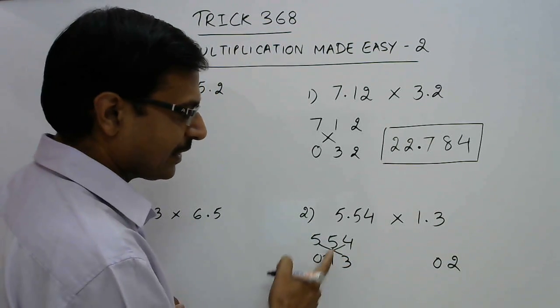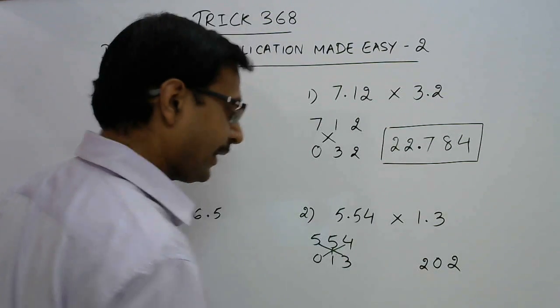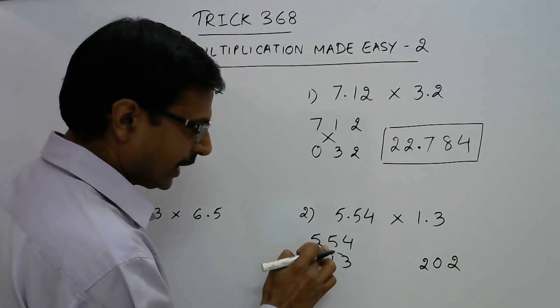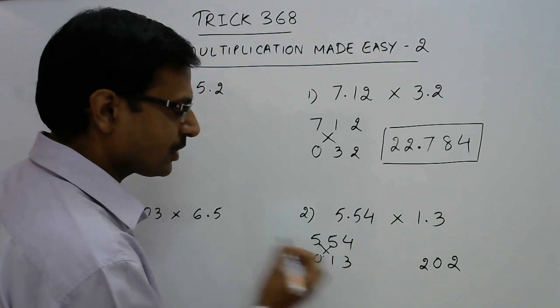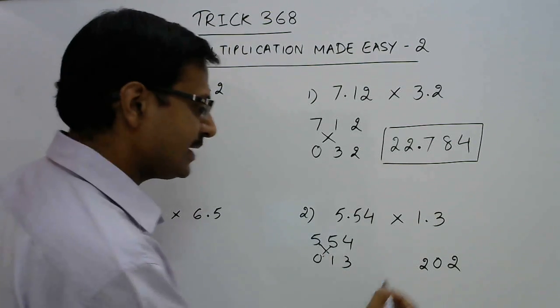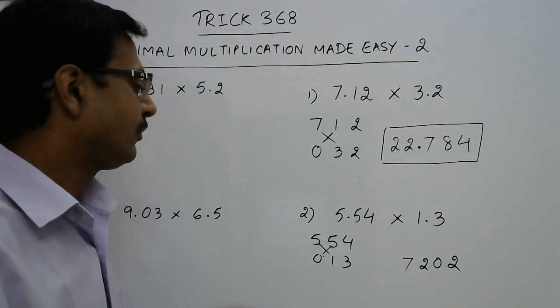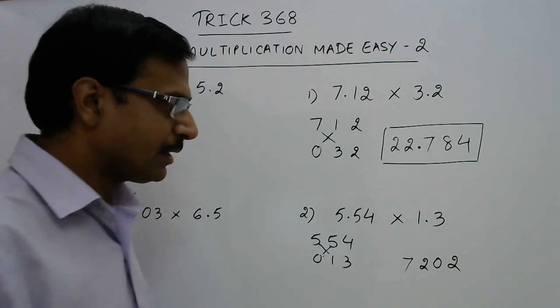So 15 plus 5 is 20, and remember the 2 carry, so 22. Again we have 2 carry, and the final step we have cross multiplication of these two. So 5 and 2 carry 7. So 554 into 13 is 7202, and now look for the decimal.